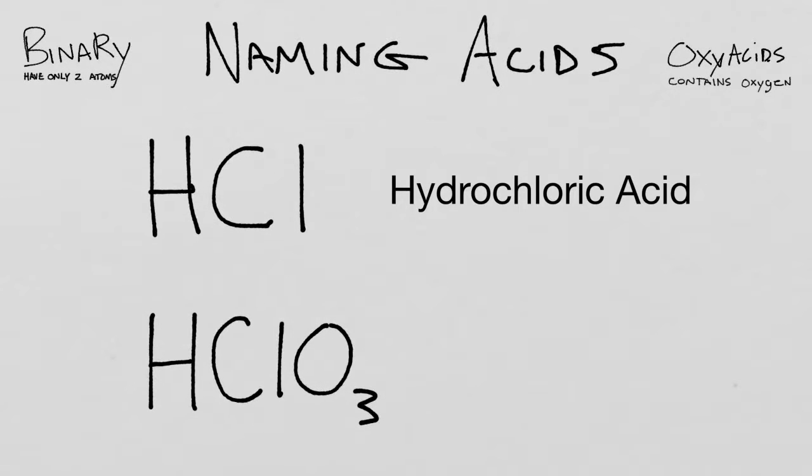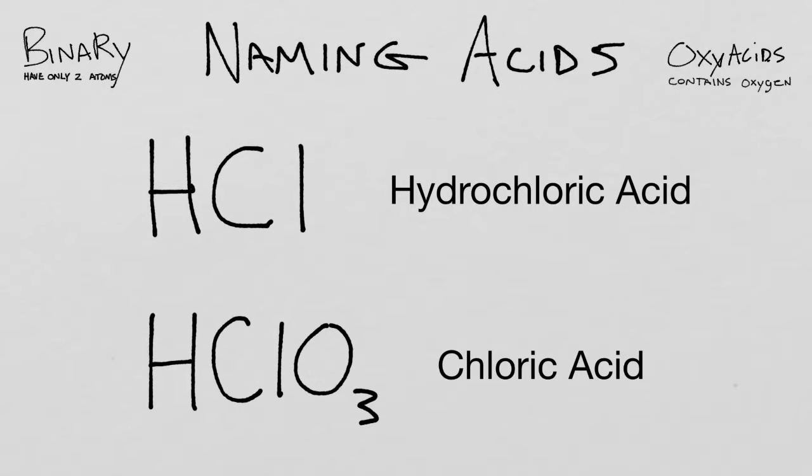But for the oxyacid, the rule says that we don't say hydro. Remember, we don't say the word hydro. So here I think is where students get confused. Chlorate has the ate ending, so we would change the suffix to ic, so we would say chloric acid. The difference here being that the word hydro is not included.